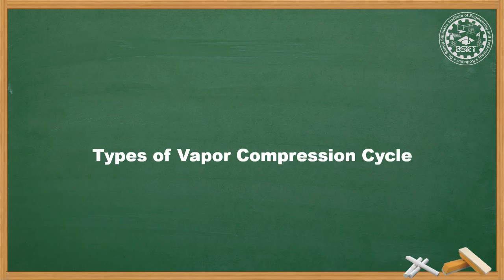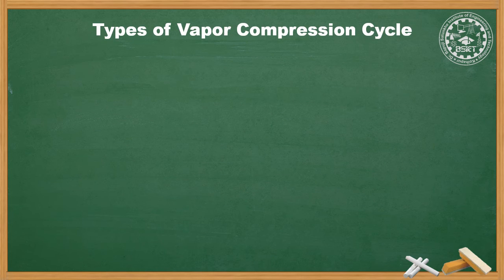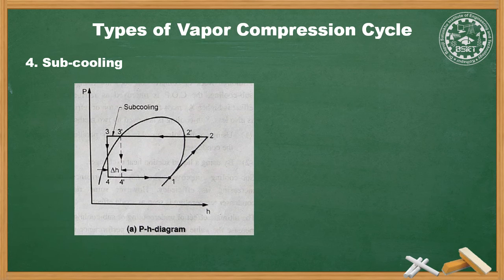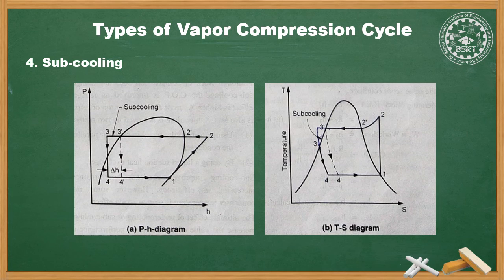The last type of vapor compression cycle is subcooling. The PH and TS diagram of the simple vapor compression refrigeration system with subcooling is shown in the figure below. Subcooling is a process where liquid refrigerant is cooled below the saturation temperature corresponding to the pressure before the throttle.